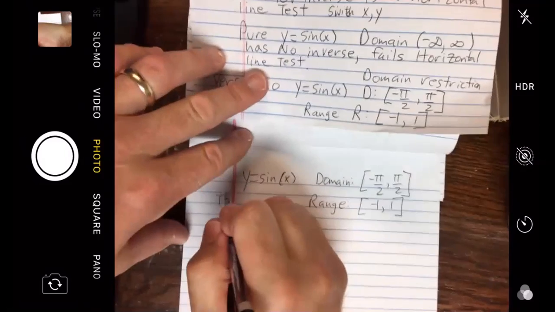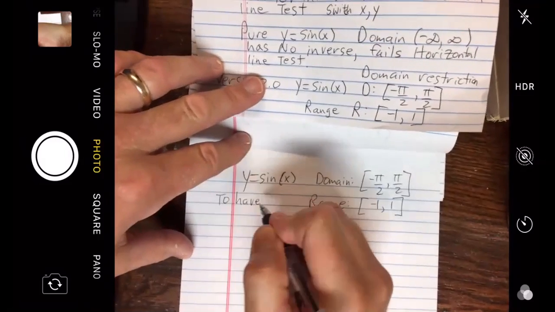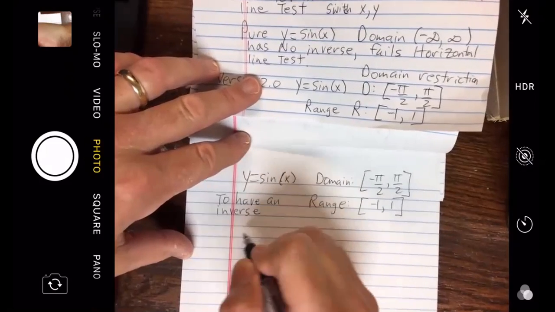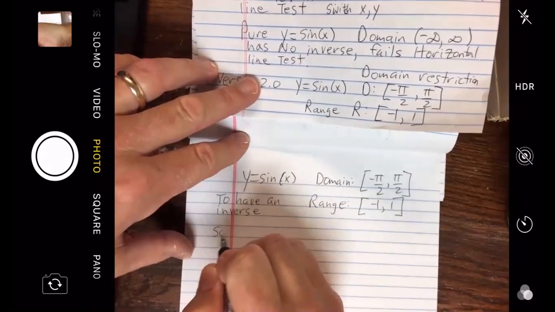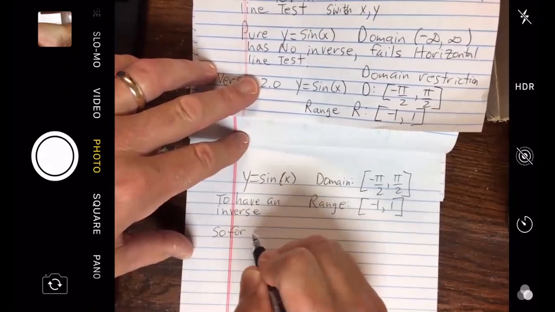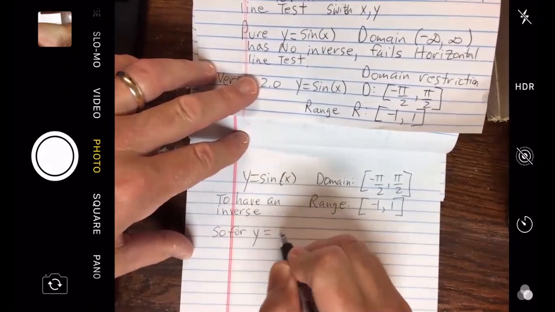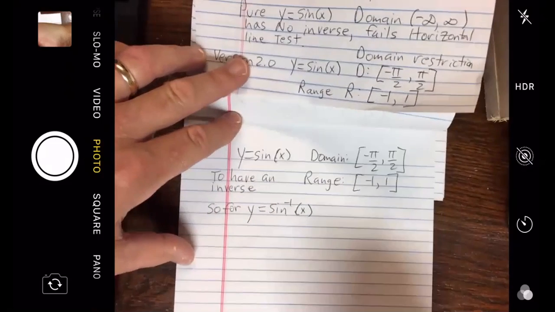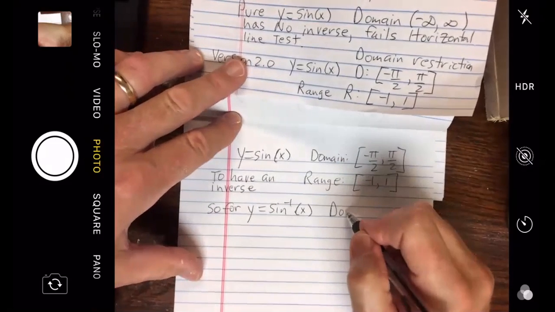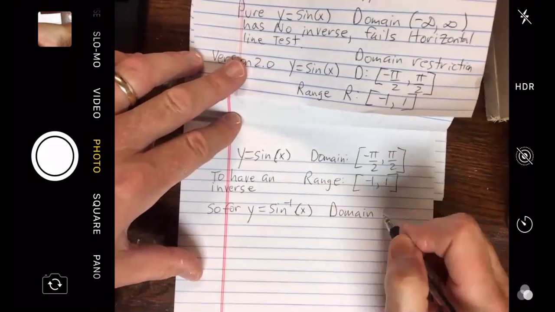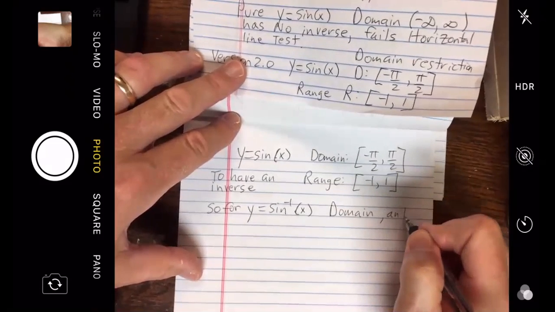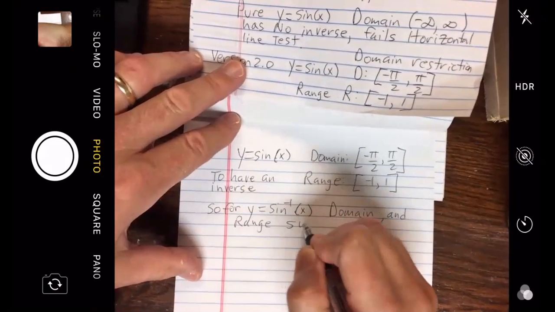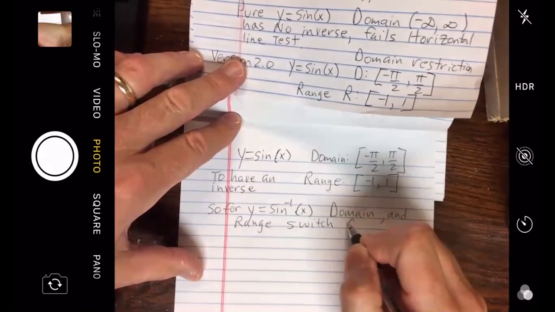To have an inverse. If you remember, so for y equals arcsine of x, domain and range switch for the inverse.